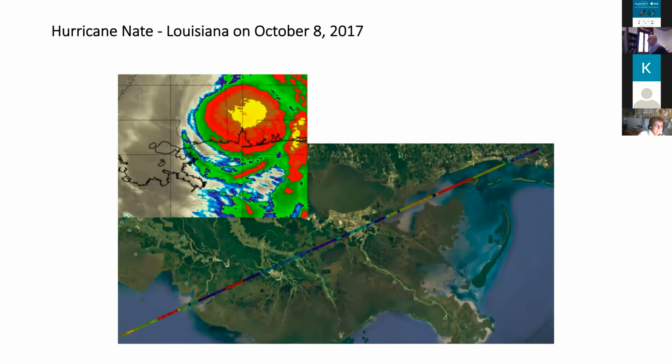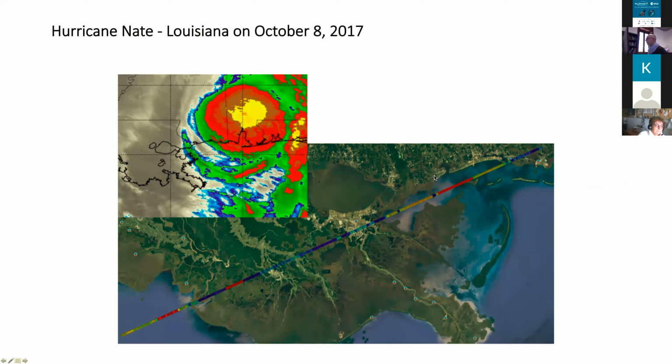So this is another experiment that was made during a hurricane in Louisiana that happened in 2017, and the hurricane is in this zone of Louisiana.